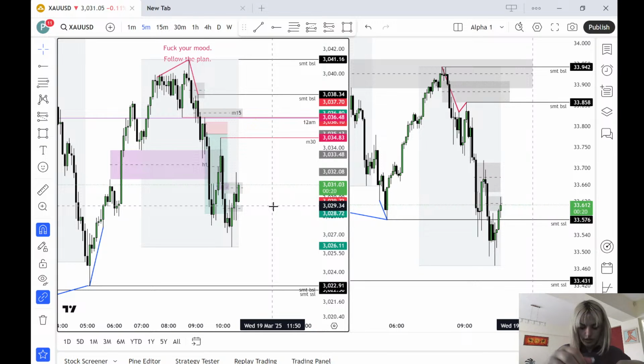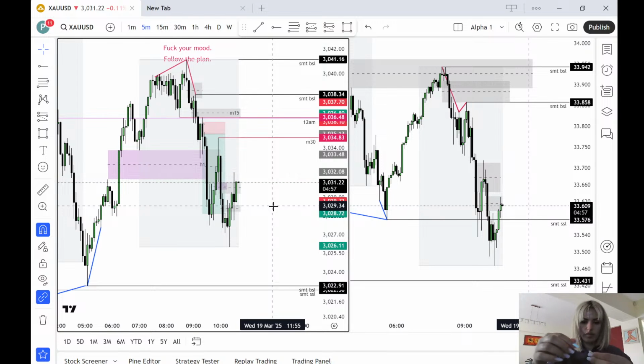Are your trade ideas based on the higher time frame? Today gold broke structure on the 1 hour. My trade ideas are based on SMT, liquidity and fair value gaps, not necessarily on the 1 hour or the higher time frame.